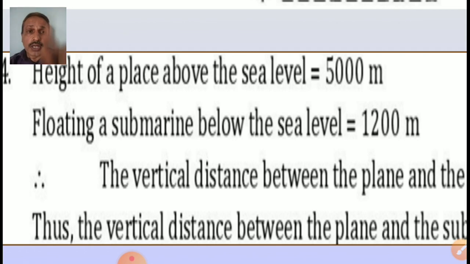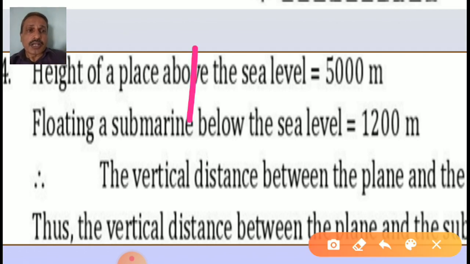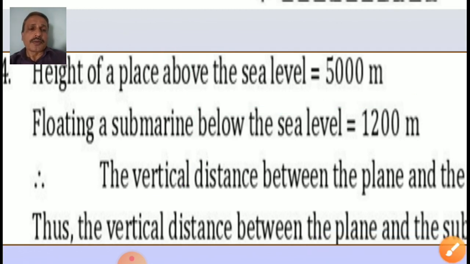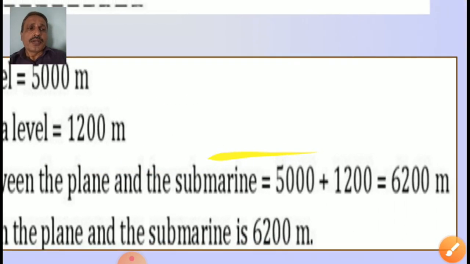The total vertical distance, vertical means straight line, horizontal means this way. The vertical distance between this and this we have to find out. So what can we do? Yes, 5000 plus 1200. It gives us 6200. Your answer is right. Yes, my dear students.